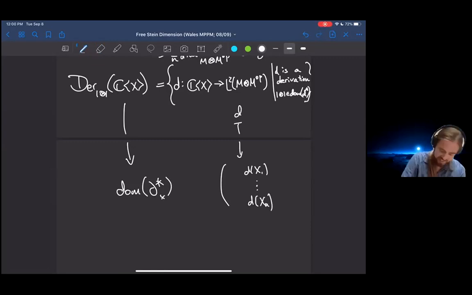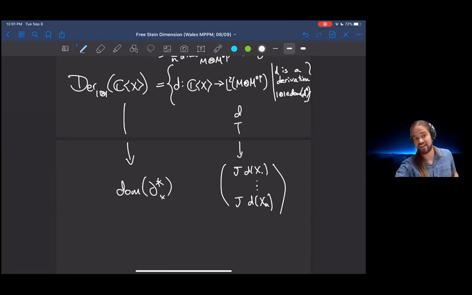But then you need to apply the Tomita conjugation operator, which is a non-script J. It can be shown that this is a bijection between der one tensor one of C of x and the domain of the free gradient.